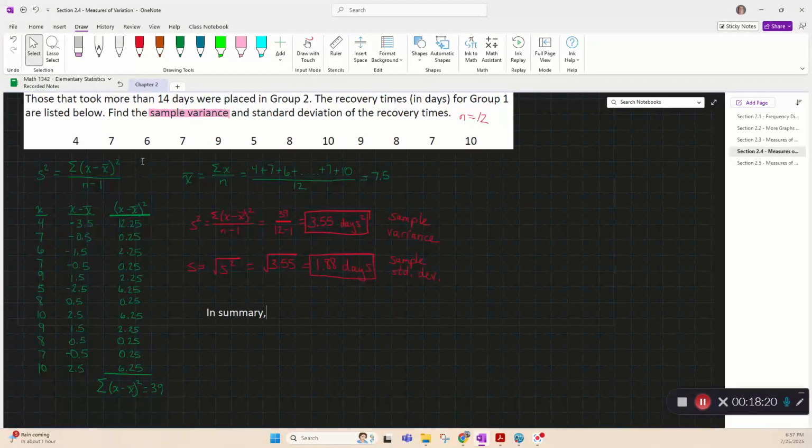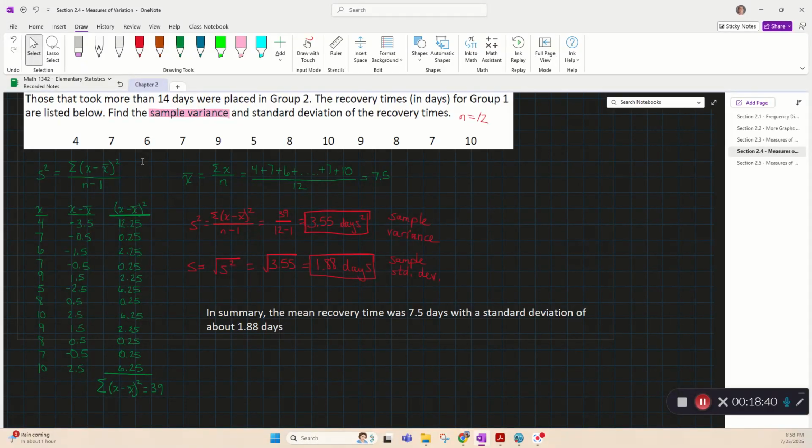In summary, the mean recovery time was 7.5 days with a standard deviation of about 1.88 days. Which means if I was 1.88 days below or above the mean, that would not be surprising to me. So I could be above or below and not be surprised at all.